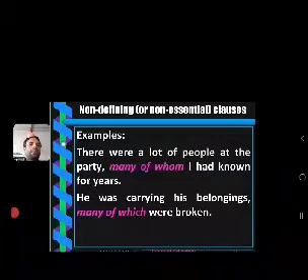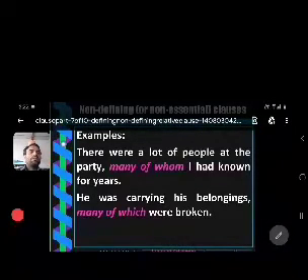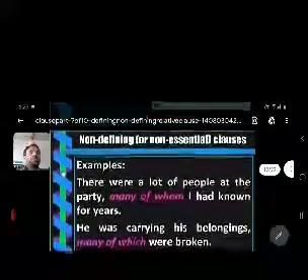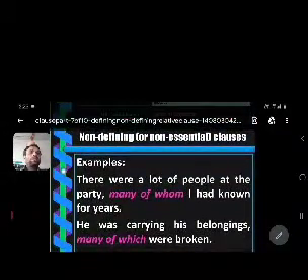Next example: he was carrying his belongings, many of which were broken. That means many of which is a relative pronoun used here to connect two sentences. So here it is called a non-defining relative clause.